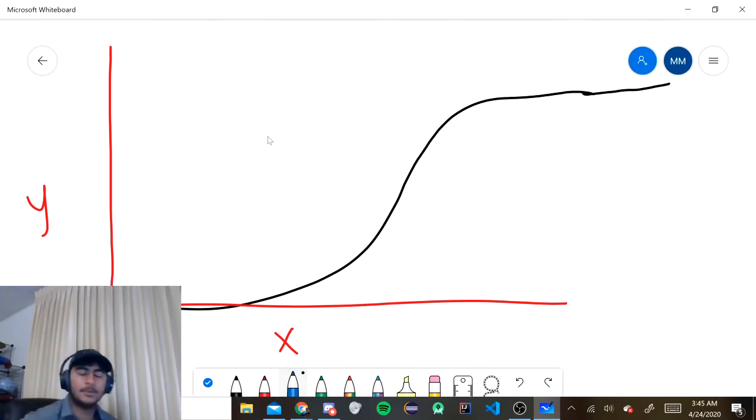In blue, we'll do our derivative. The slope for the majority of this part is 0, so we're just going to draw some dots at 0. Now we're going to assume this slope is around 1. We can assume this slope is around 2. We can assume this slope is around 4.